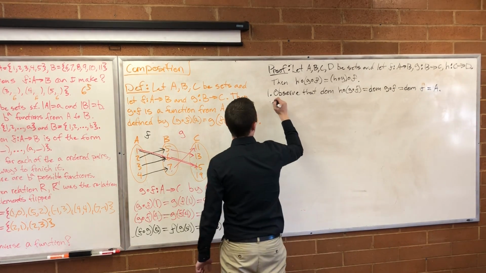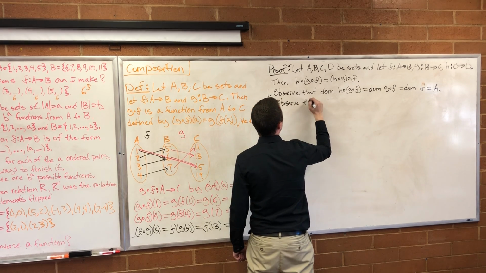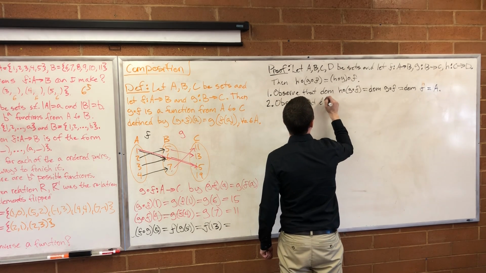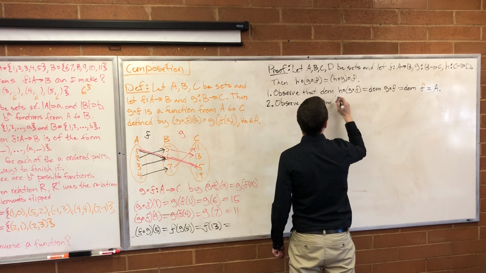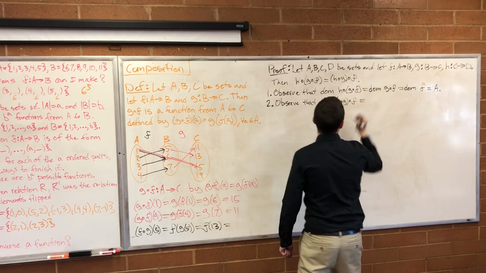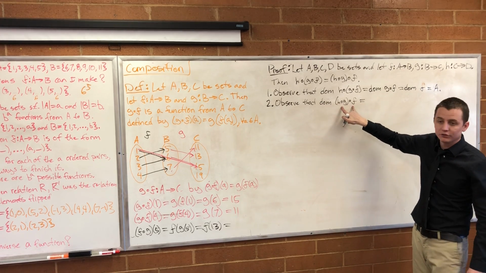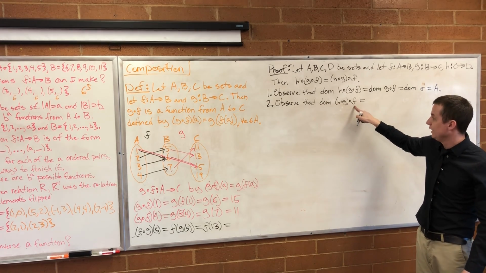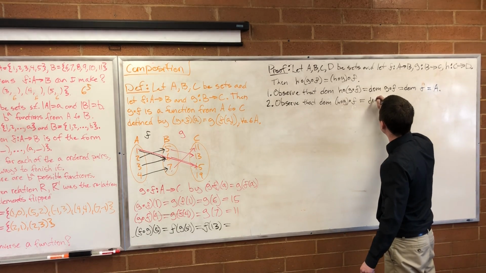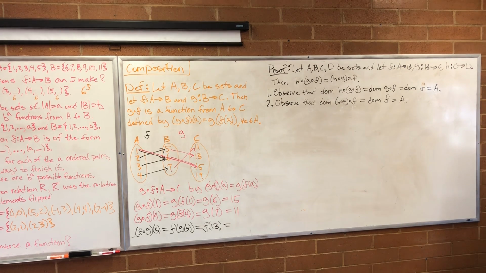Now, let's look at the domain of the other function, h composed with g composed with f. We have a composition of two functions. The domain of the composition is just the domain of the right-hand function. So in this case, it's just the domain of f, which once again is A. Any confusion there?